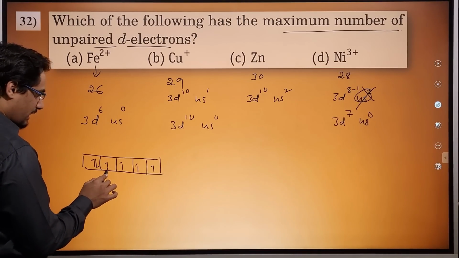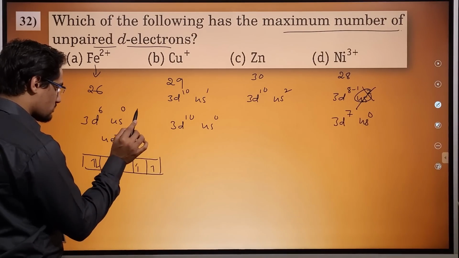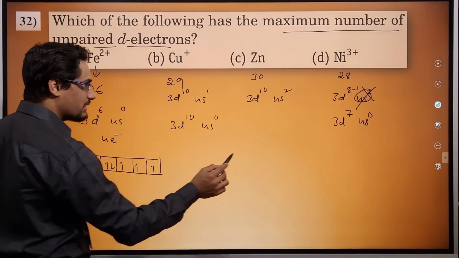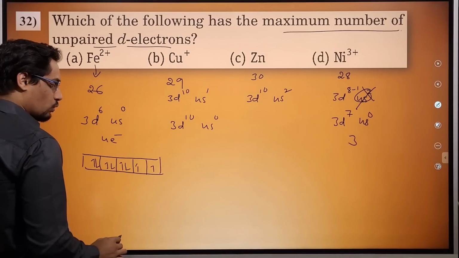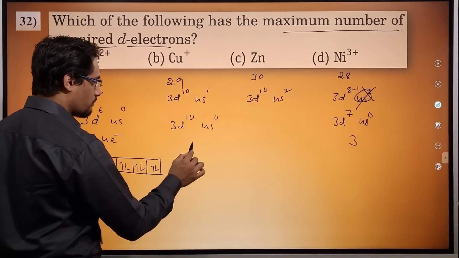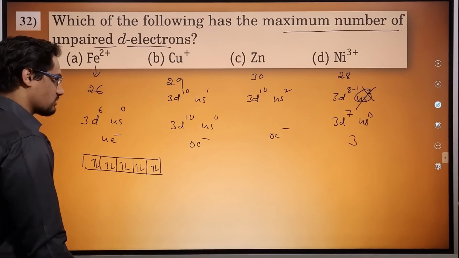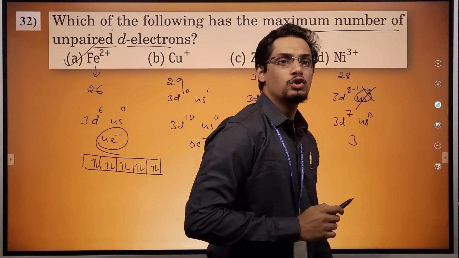So d6 contains 4 unpaired electrons. Next we have d7, which contains 3 unpaired electrons. d8 would contain 2 unpaired electrons, d9 would be 1 and d10 would be 0. So these have 0 unpaired electrons, right? And the maximum number of unpaired electrons would be in Fe2+.